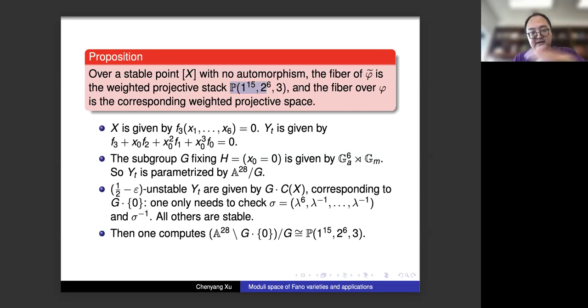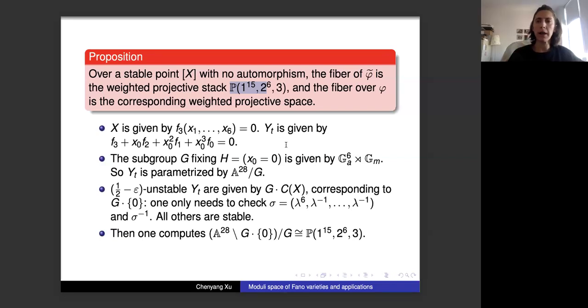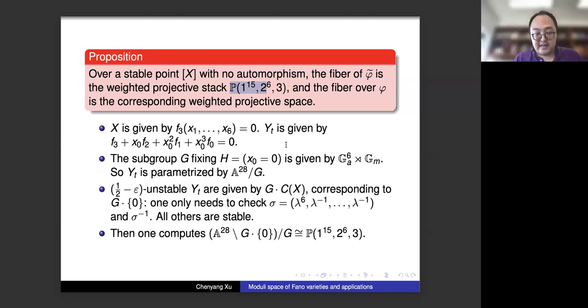Now, of course, the singularity of this stack can be easily computed. And so there's no issue about stabilizers of the family in codimension 1, for example? That's right, exactly. We calculated the stabilizer only happens in something like dimension 6, out of dimension 21. So particularly there is no codimension 1 automorphism.